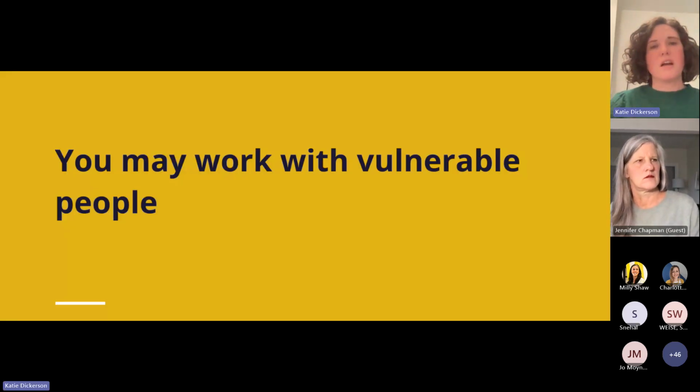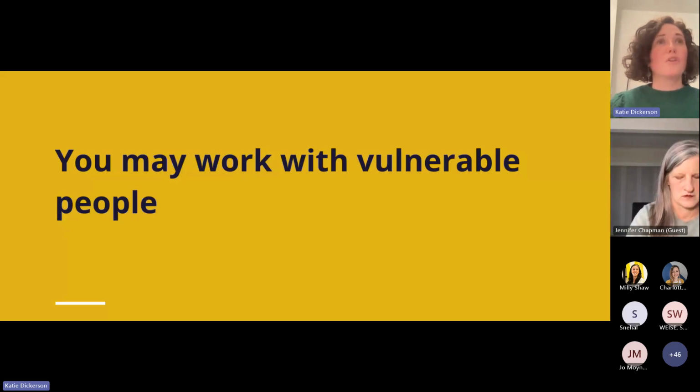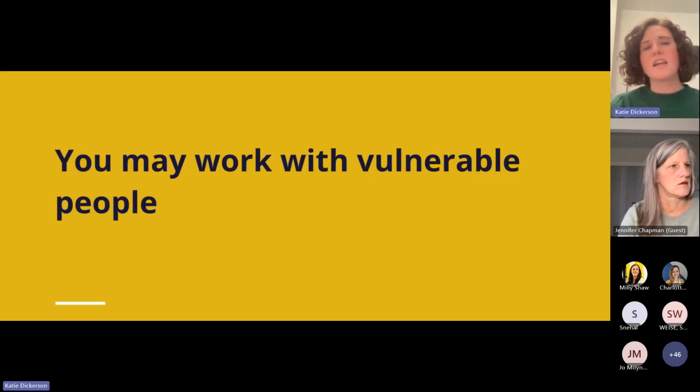When you work in the third sector, you may work with vulnerable people. This can be the case in other sectors as well, but a lot of these third sector organizations exist to support vulnerable or marginalized people. So for example, disabled people, asylum seekers, people who've experienced domestic abuse, people living in poverty.